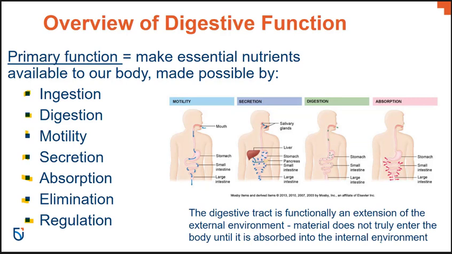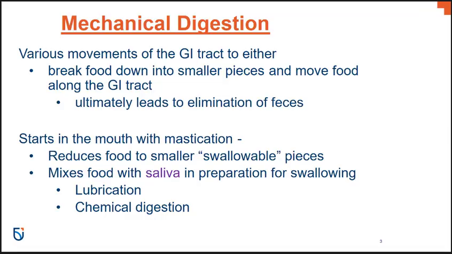So the term digestion is the overall name that's oftentimes given to the processes of chemically and mechanically breaking down these complex foods into simpler nutrients that can be easily absorbed and then utilized by our body. After food is ingested, so taken into the mouth, the process of digestion begins right away. So we'll speak now about the mechanical digestion of food.